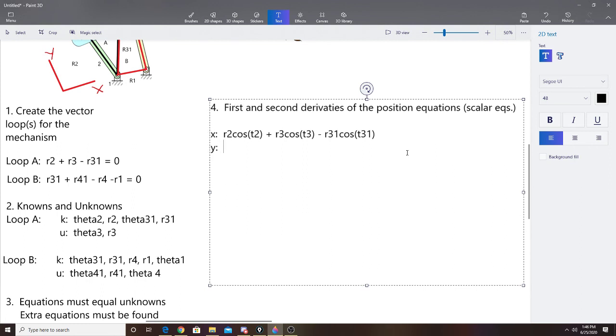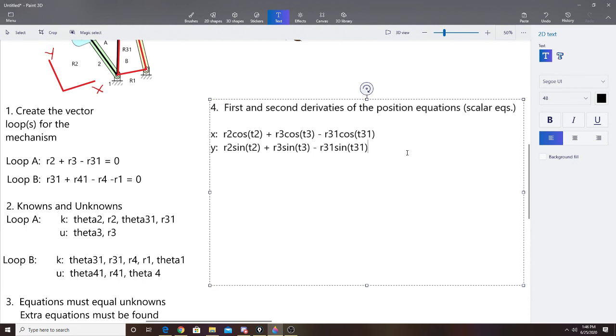Y, same thing. R2 sine T2 plus R3 sine T3 minus R31 sine T31. Right? Make sure I did that right. Yep, it appears so. So that is the first equation.